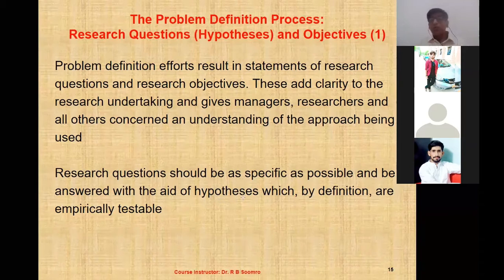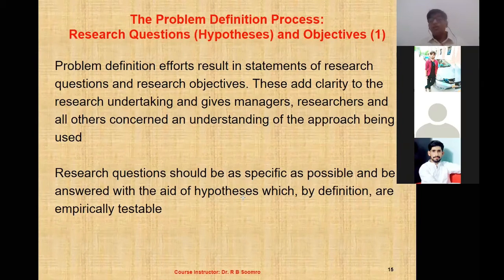So when you are going to develop the hypothesis, the researcher should be specific, and the hypothesis should be drawn from your research questions and research objectives. That means there should be a close relationship, a relevancy, between your research objective and hypothesis, or between your research question and the hypothesis.